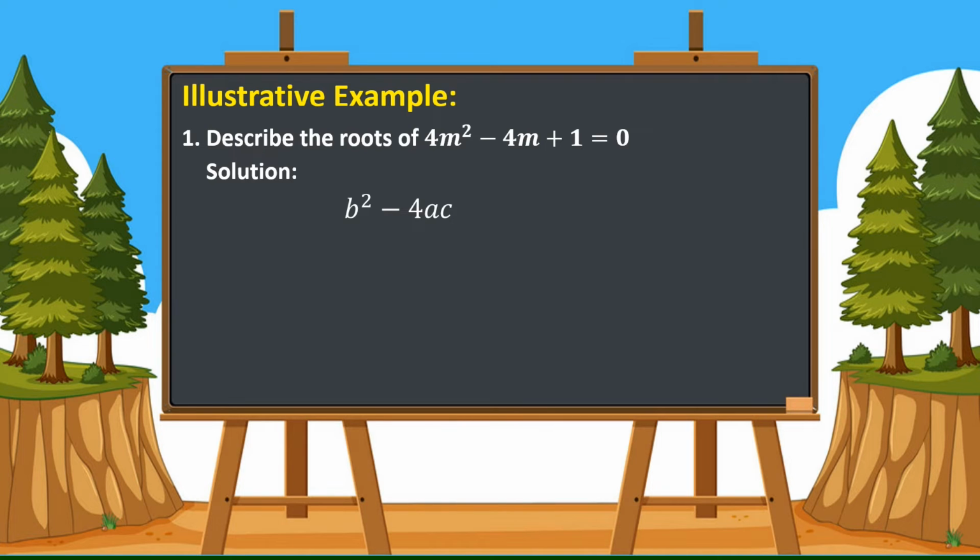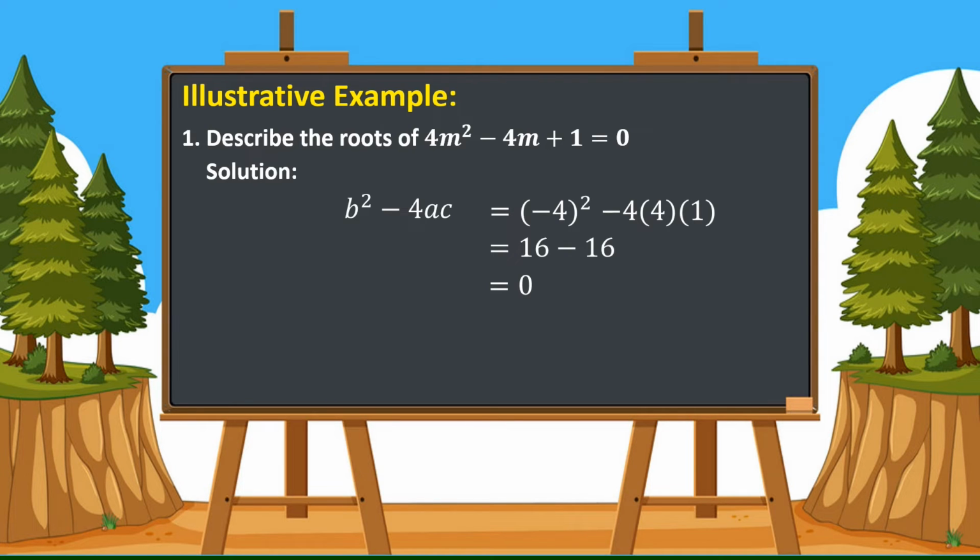Then we are going to substitute the value of a, which is 4, b, which is negative 4, and c, which is 1, into the discriminant. So we have now here negative 4 squared minus 4 times 4 times 1. Then we have now 16 minus 16, and that is equal to 0.